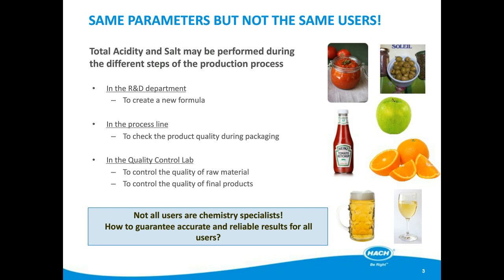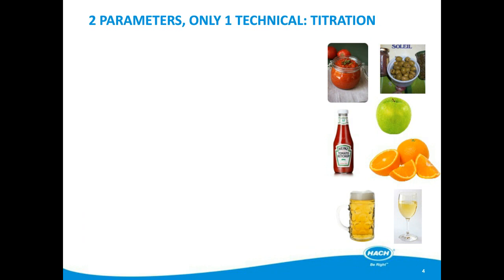So the idea is, how could we guarantee accurate and reliable results for all users? These two parameters, total acidity and salt, can be measured by the same measurement technique, which is called titration.